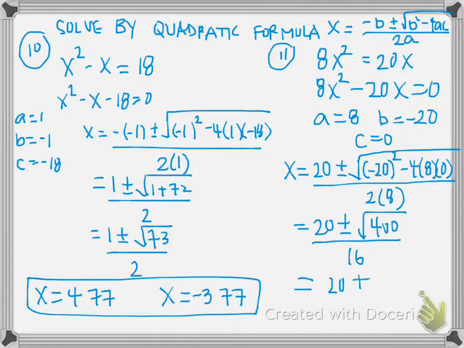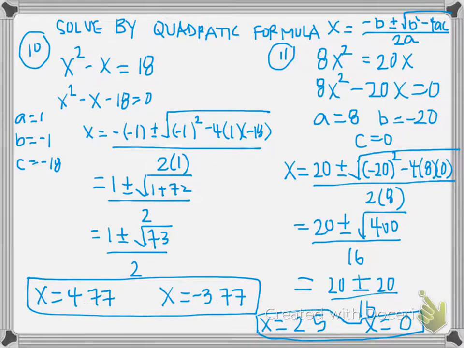So that's going to be 20 plus or minus 20 divided by 16. So 20 plus 20 divided by 16 is going to be 2.5. And 20 minus 20 divided by 16 will be 0. So those are my two solutions there.